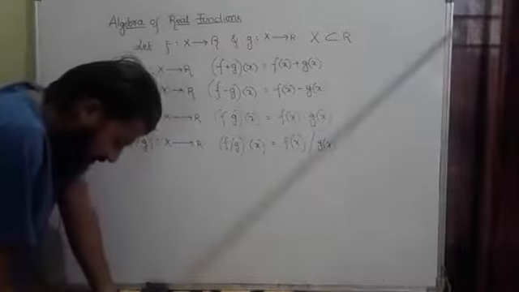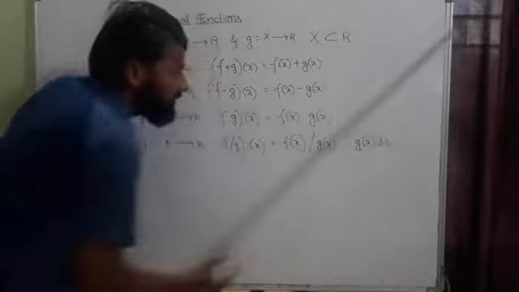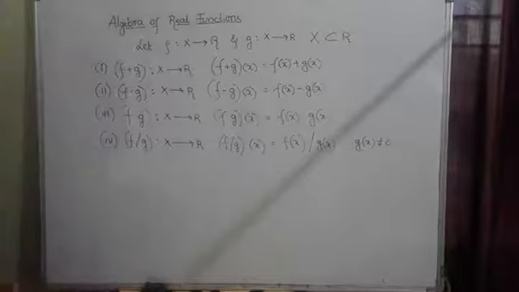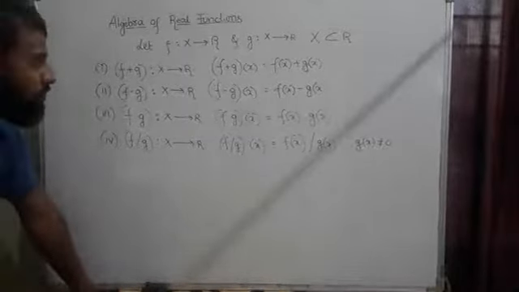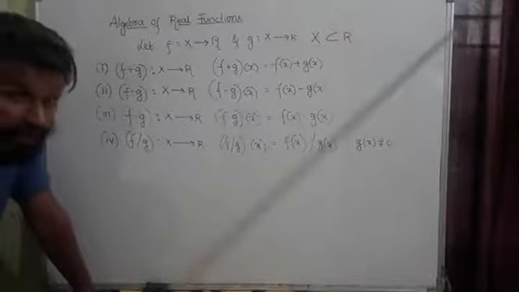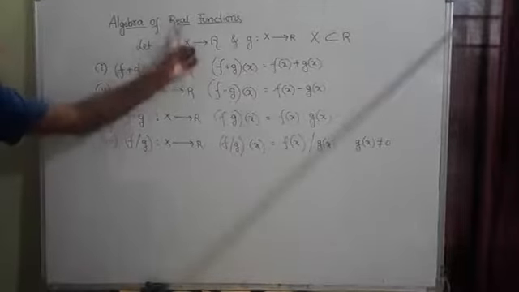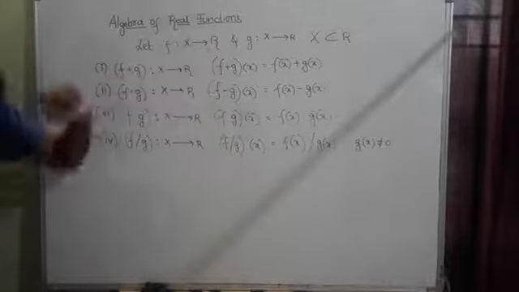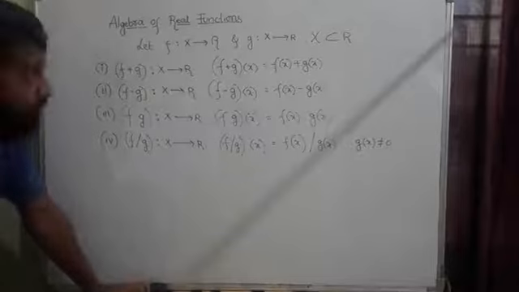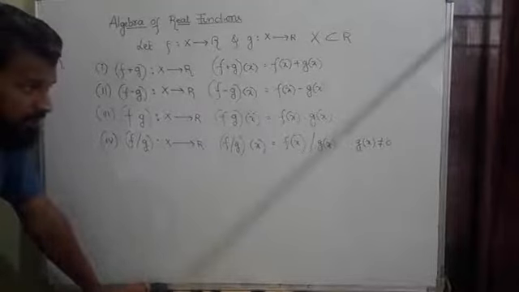So this is the quotient, where we say g(x) should not be equal to 0, otherwise it will become infinity. So these are the simple definitions of addition, subtraction, multiplication and division of any two real functions, in fact. That is why they are given as real functions. The range is real, but the domain can be anything, any subset of real numbers.